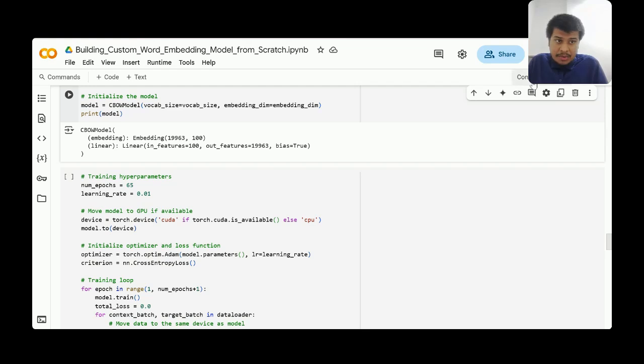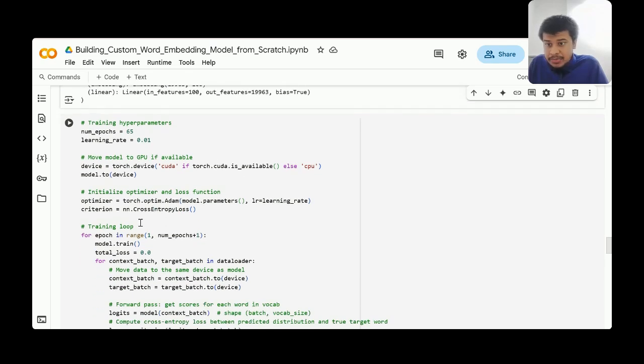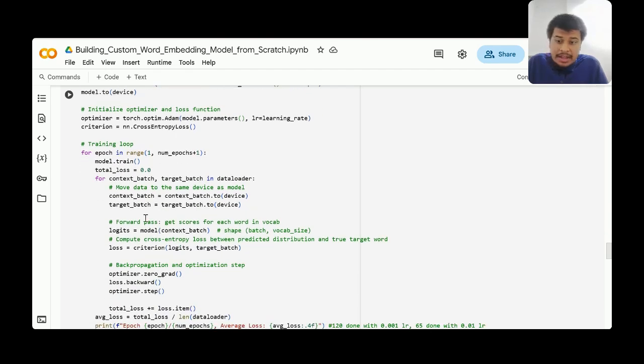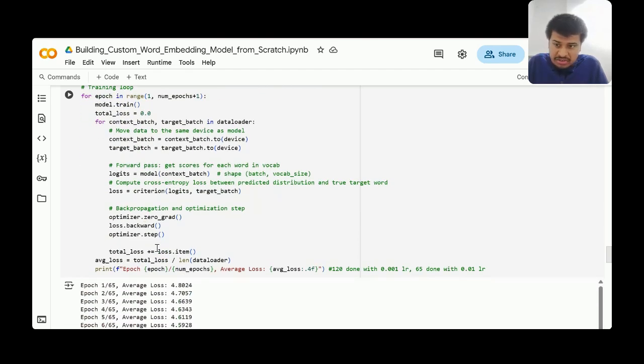So it will be much better if you use GPU, and that is why, to optimize our Google Colab notebook for GPU, I use this CUDA based optimization technique. So with this, you'll be able to optimize, and then we even added the optimizer for the neural network so that it can learn properly, and then learning rate is given, and then it uses cross entropy loss, like how I told before, like how we saw before. Fine. And then we do the back propagation and optimization.